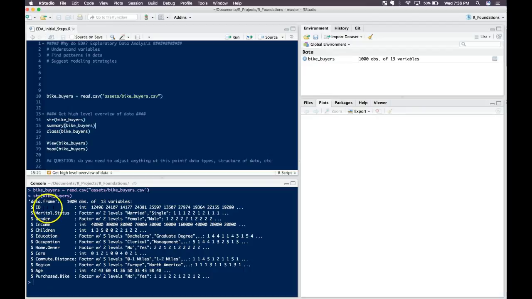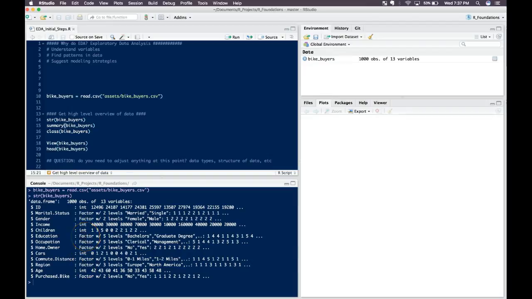So if we look through here, we have ID, marital status, gender, income, children, education, occupation. Really good information here. And as we look at the data types, we want to ask ourselves whether or not we really need to change any of these. And part of answering that question will come through the analysis that we'll be doing. As of right now, it looks pretty good.